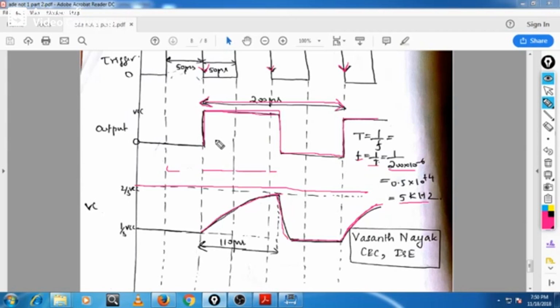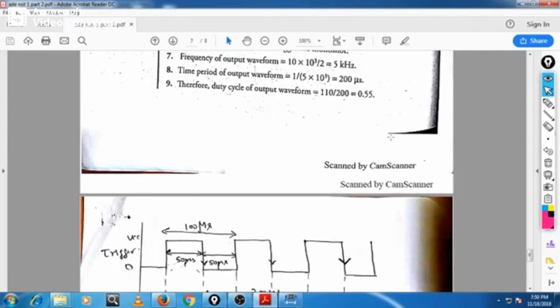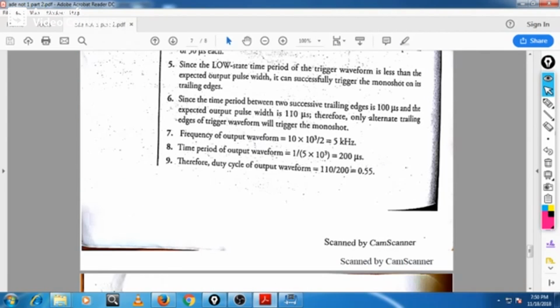Duty cycle is T1 divided by total T. Total T is 200 microsecond and T1 is 110 microsecond, so 110 divided by 200 gives 55%. So the duty cycle is 55%.